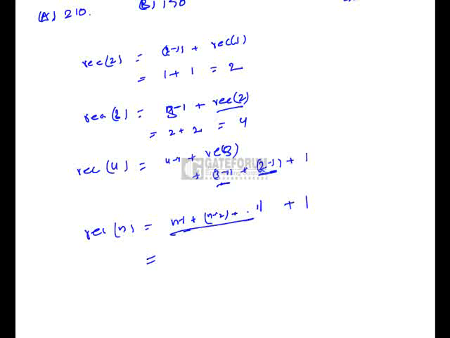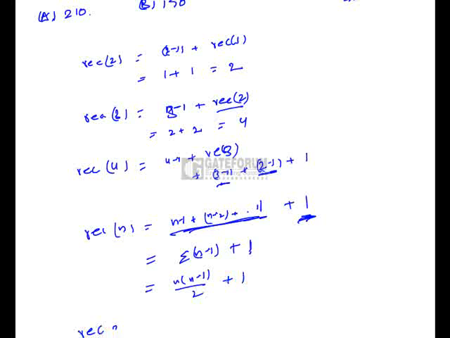So till this part we can write this as sigma of n minus 1, plus 1. Sigma n is equal to n into n plus 1 by 2, so sigma n minus 1 is n into n minus 1 by 2, plus 1.